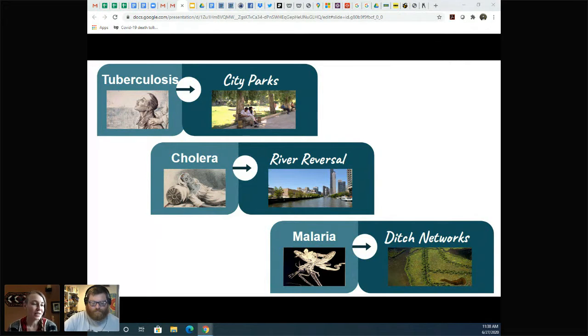Our examples are tuberculosis, cholera, and malaria, which is basically mosquito-borne diseases in general, and how they resulted in things like city parks, the reversal of the Chicago River, and ditches, mostly on the East Coast of the United States.